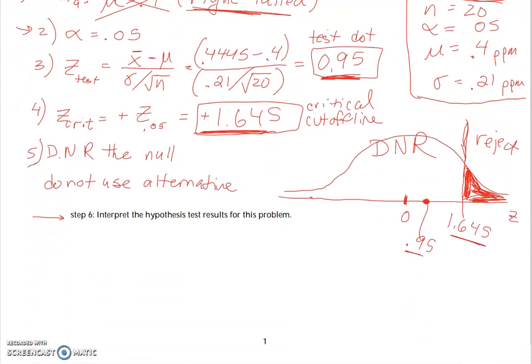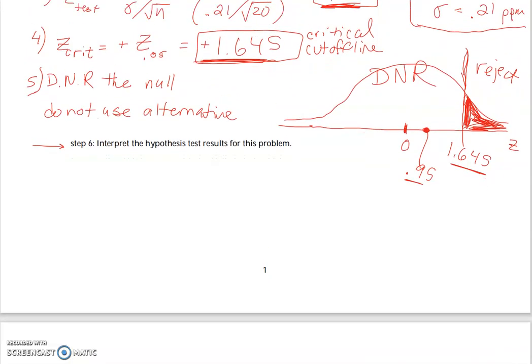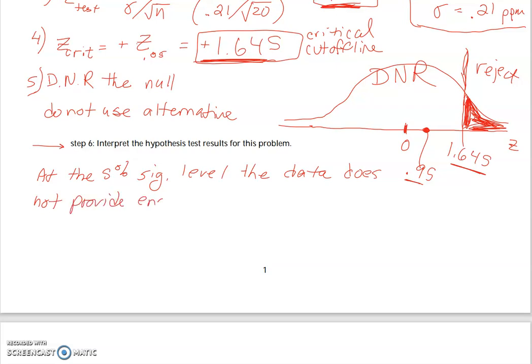This is just normal variation. It's not significantly higher than 0.4, so we're not going to say that these are bad or too high. So, final conclusion here, at the 5% significance level, you always have to state that, significance level, the data does not provide enough evidence, or sufficient evidence, to reject the null, because obviously we're not rejecting it.